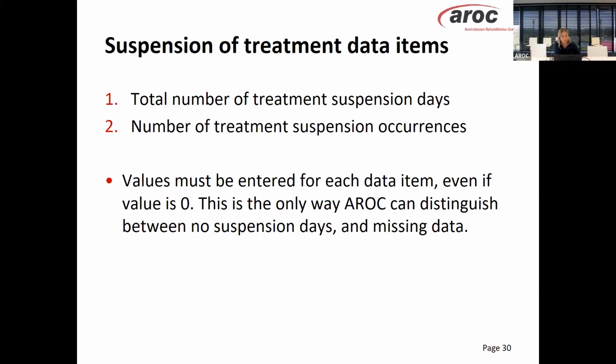The relevant data items here are the total number of treatment suspension days and the number of treatment suspension occurrences. A patient might have one suspension occurrence, which might last 1 day or 2 days or 3 days, or they might have 3 treatment suspension occurrences, each lasting 1 day or 2 days. It's important that you collect that information correctly.